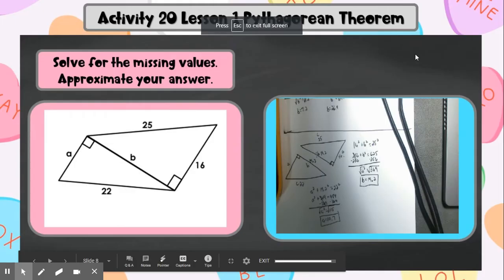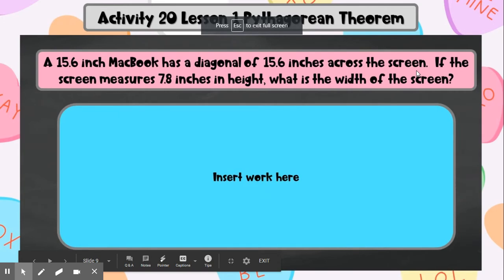All right. This last problem is a little bit of a word problem. A 15.6-inch MacBook has a diagonal of 15.6 inches across the screen. If the screen measures 7.8 inches in height, what is the width of the screen?